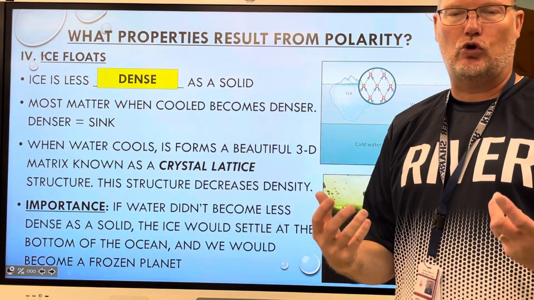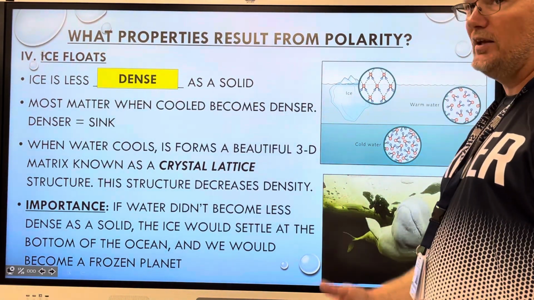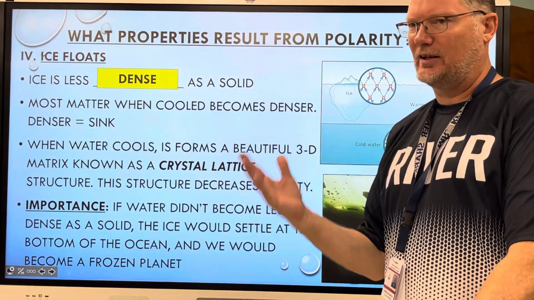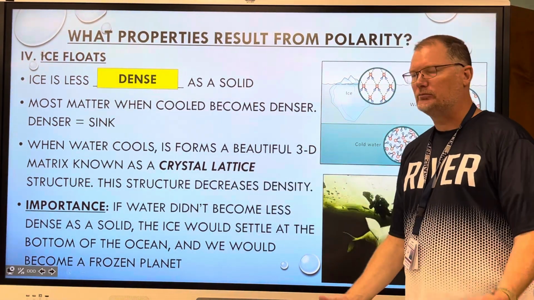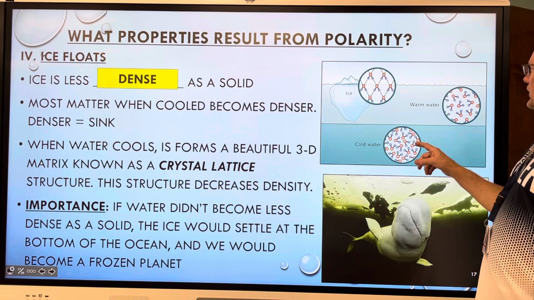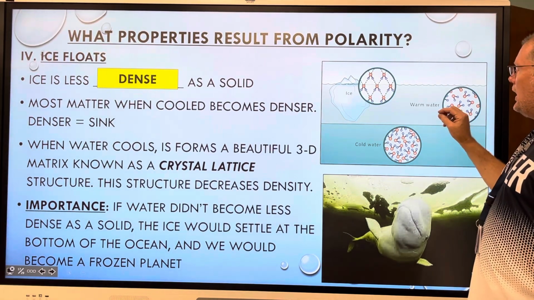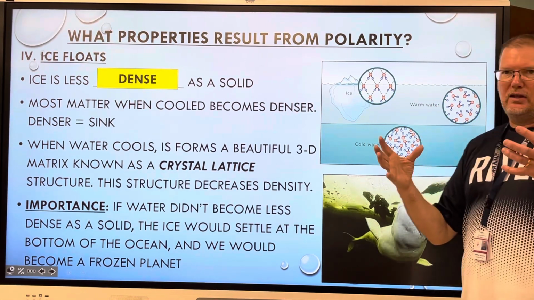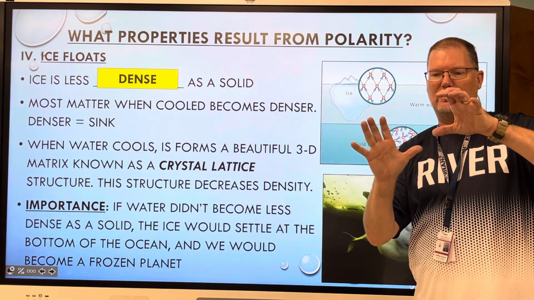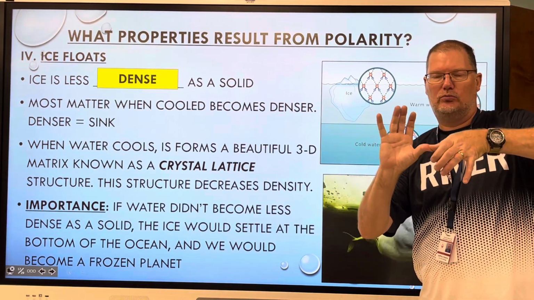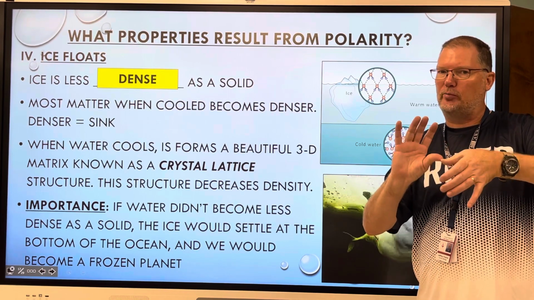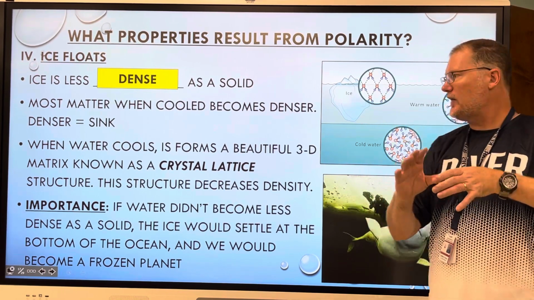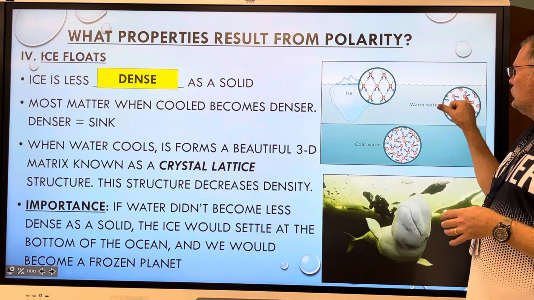It's just so amazing. Why is water the only thing that does that? It has to do with this crystal lattice. When the molecules start to freeze, they join together in this crystalline form that pushes the molecules apart more than if they were liquid.